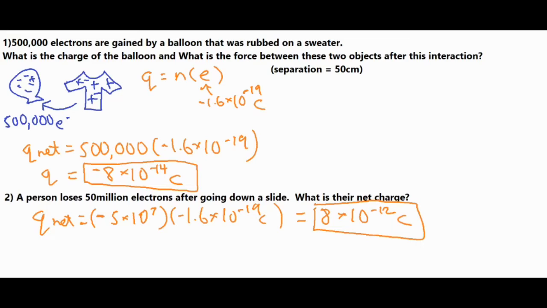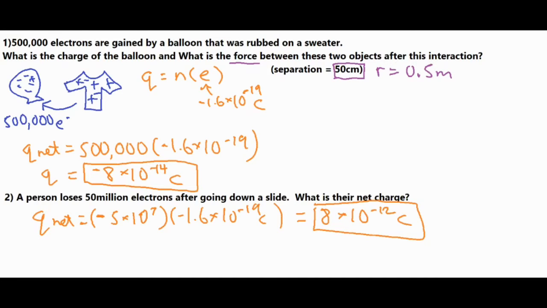Now, taking a look at number 1, we want to use Coulomb's law in order to figure out the force between them, and that requires 2 different Q values and a separation distance. We take the separation distance of 50 centimeters, divide that by 100, and call the R value, our separation distance, 0.5 meters.